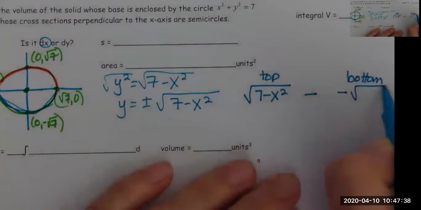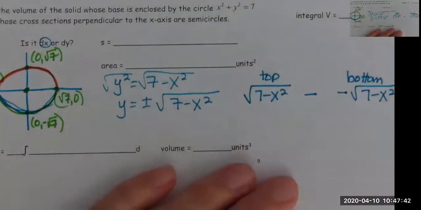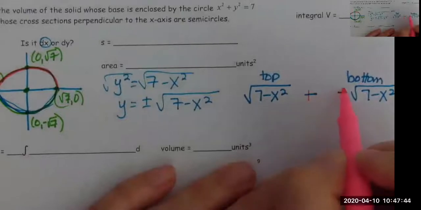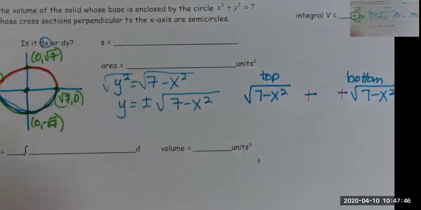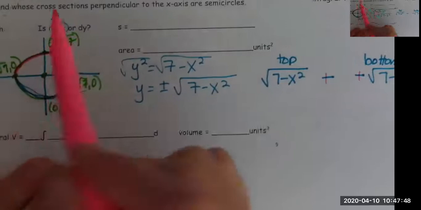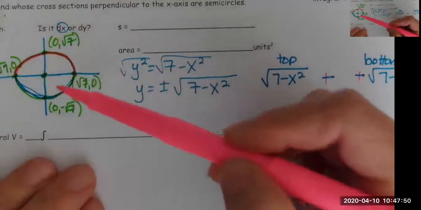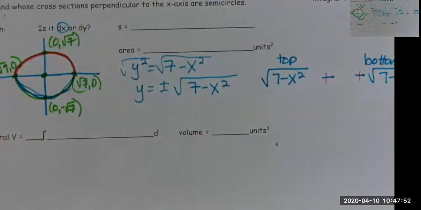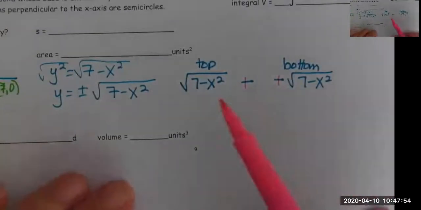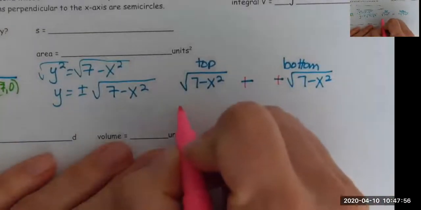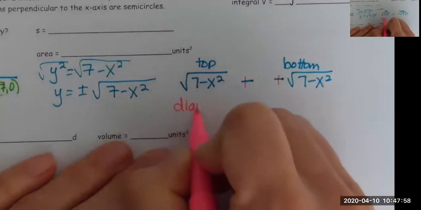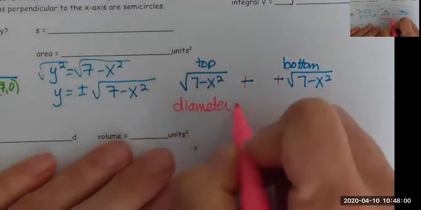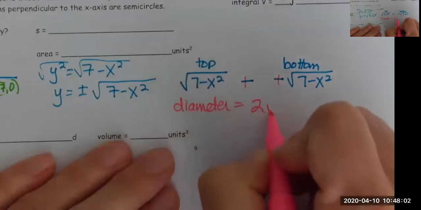Negative the square root of 7 minus x squared. So this becomes what? Anytime we talk about circles and we're doing top minus bottom or right minus left, it won't matter because it's a circle. Your diameter equals 2.